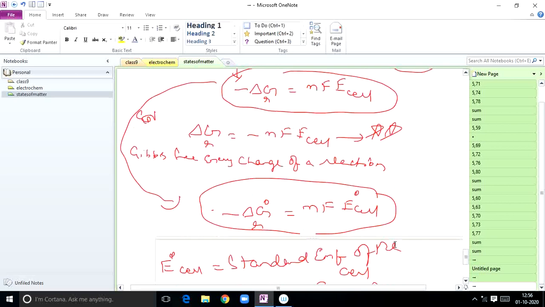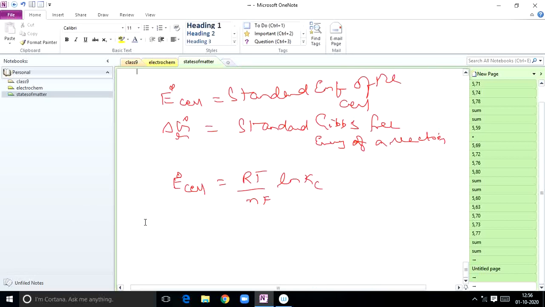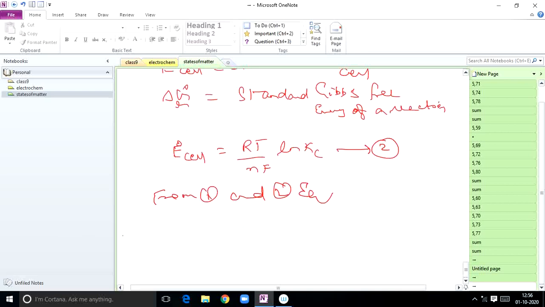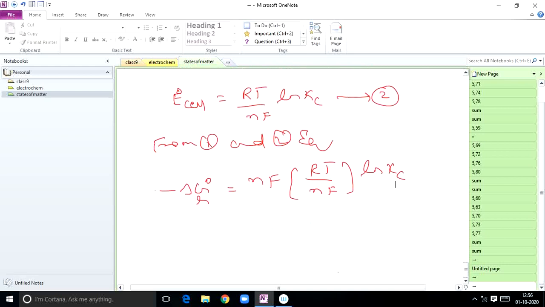You can take the earlier one as the first equation and this one as the second equation. So from equations 1 and 2 you can write minus delta G naught R is equal to nF into RT by nF into ln Kc.